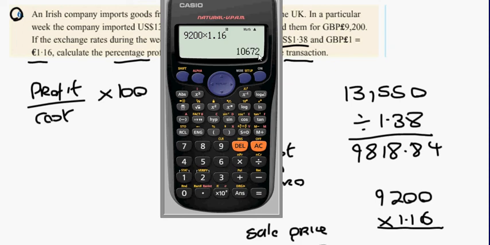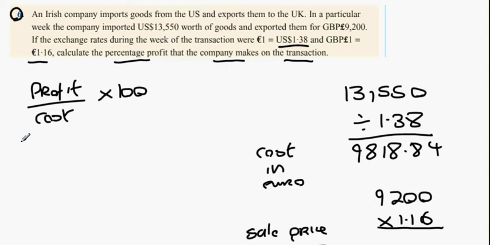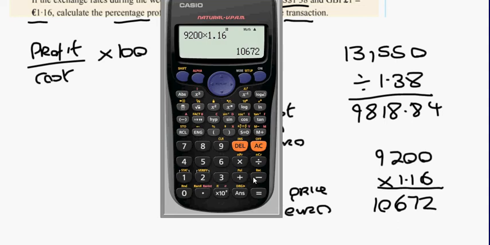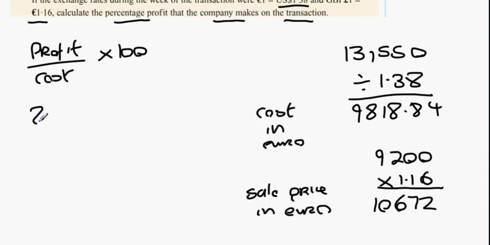Now what we get is 10,672. We're going to take away 9,818.84. Now what we get here is 853.16.